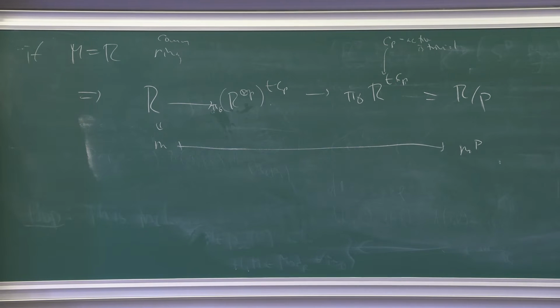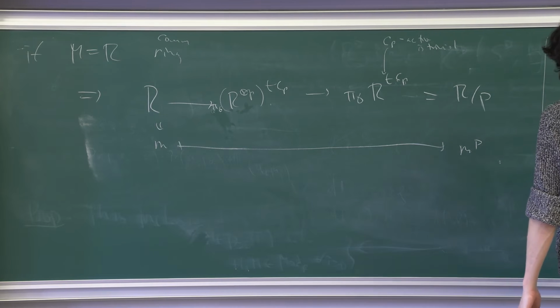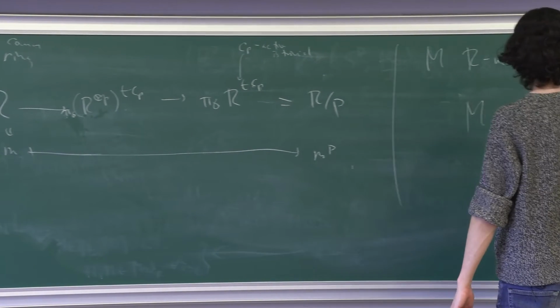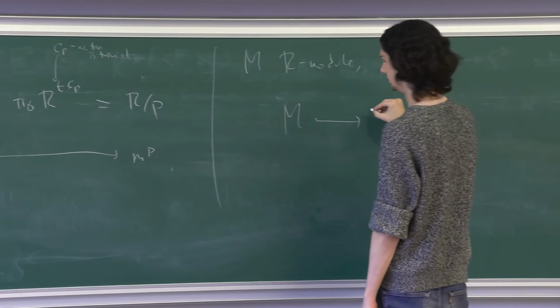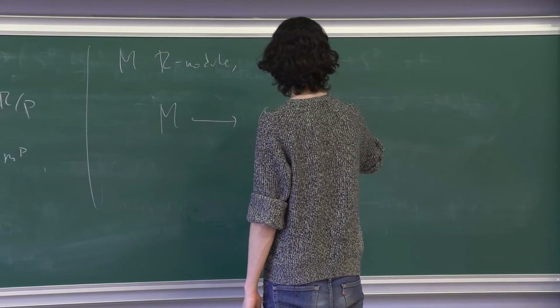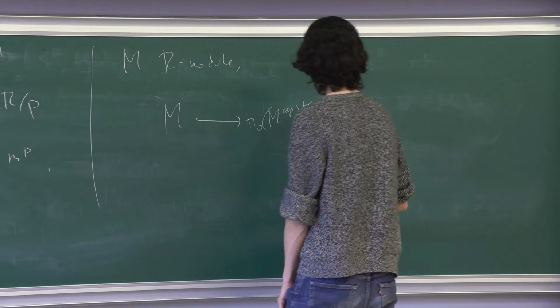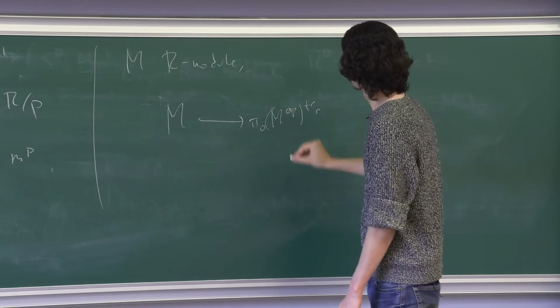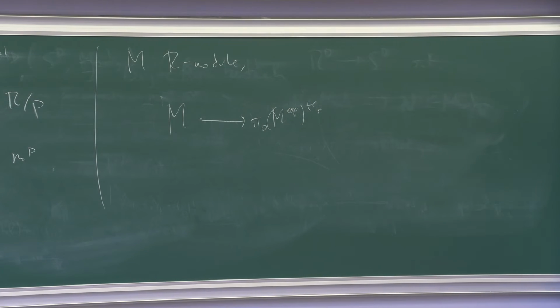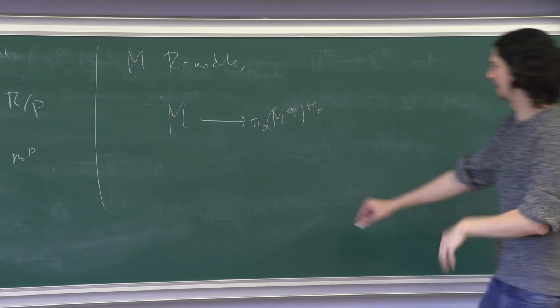And now if M is an R module, then this so-called Frobenius map from M to Tate CP is a map of abelian groups.